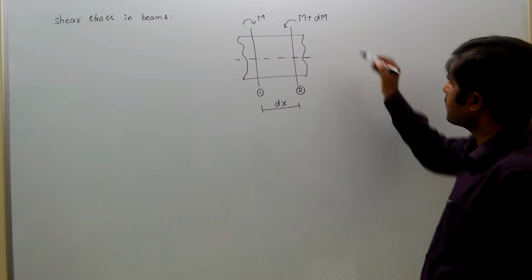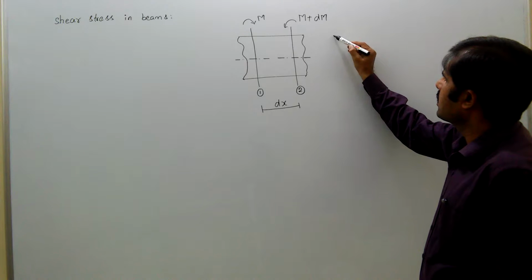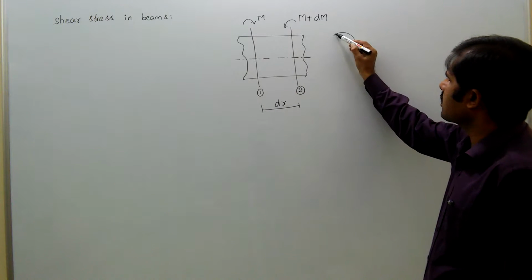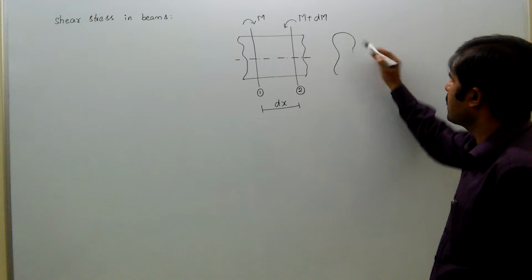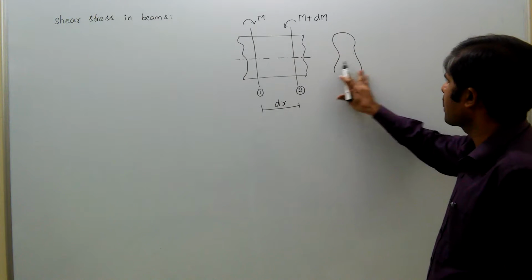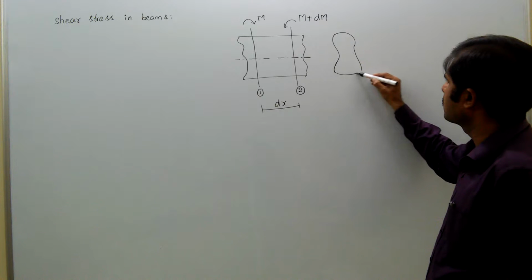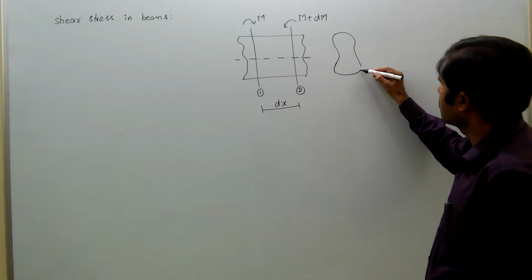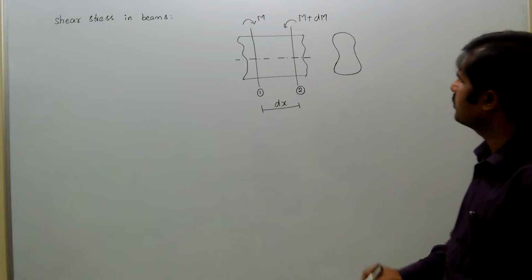Now, let us take the generalized cross section of this beam like this. This is the cross section of the beam.